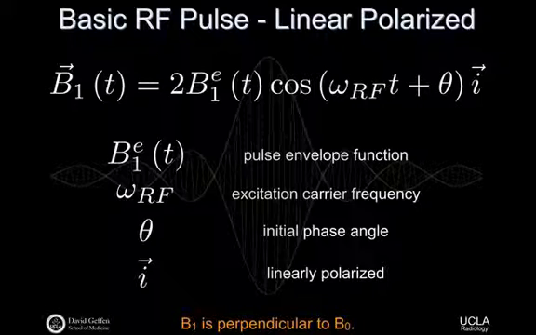And then we have a so-called B1 envelope function, B1e of t. And we'll look at different pulse envelope functions in just a second. But they basically govern how and when we're turning on and off that RF pulse. And is the current constant during that period of time, or is the current following some other trajectory during that period of time? I'll show you some examples in just a second.